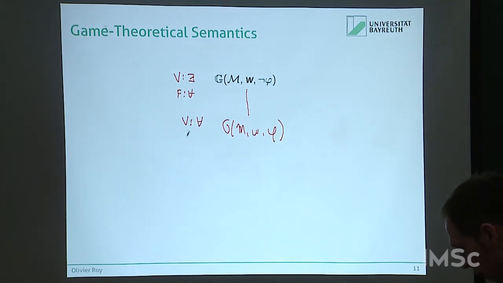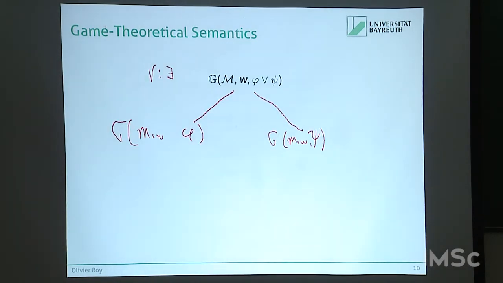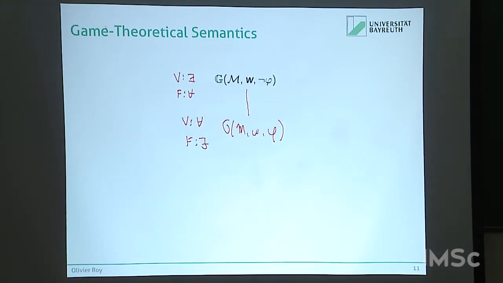Abelard becomes verifier, and Eloise becomes falsifier. And for the two rules that I gave you before, the choice is assigned to the role. So from now on, until we hit another negation, Abelard will choose on the disjunctions, and Eloise will choose on the conjunctions.